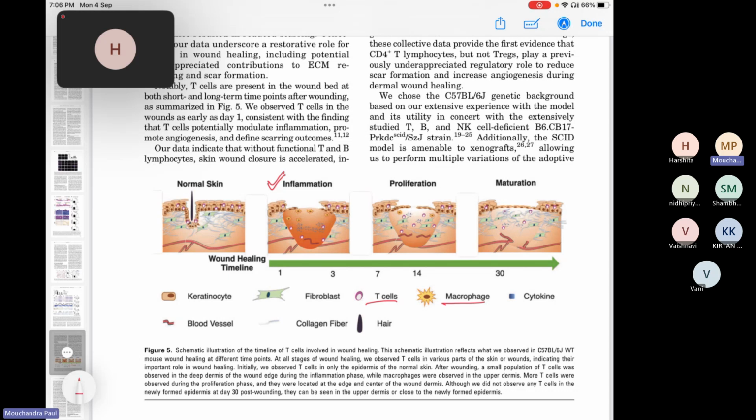Then the proliferation phase begins, where the keratinocytes, the fibroblasts, and the myofibroblasts of the skin all become active. The keratinocytes try to reform the lost epidermis through a process called epithelialization.